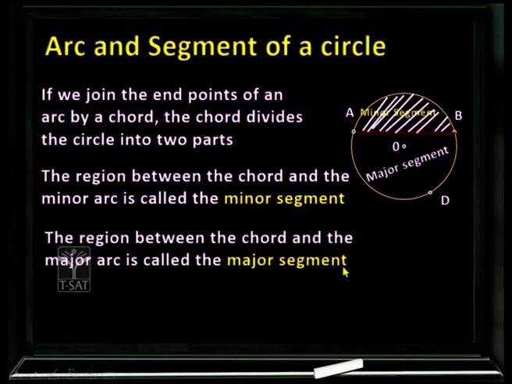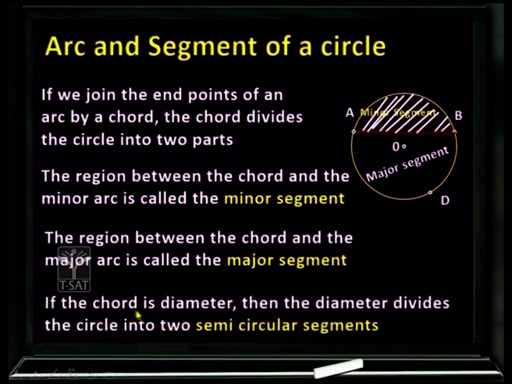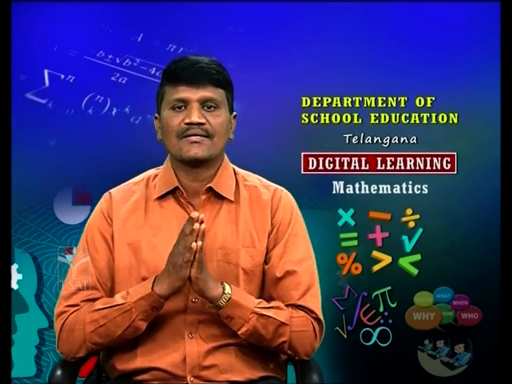So, what happens if the chord is a diameter? If the chord is a diameter, then the diameter divides the circle into two semicircular segments. That means a chord divides the circle into two parts. If it is a minor arc, the segment is called a minor segment. If the arc is a major arc, then the segment is a major segment.